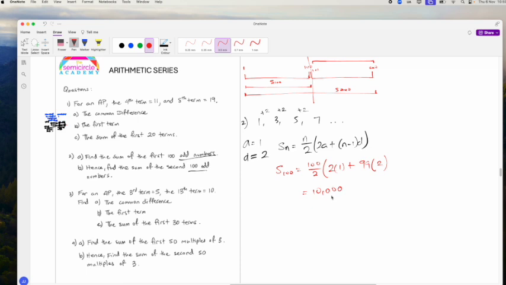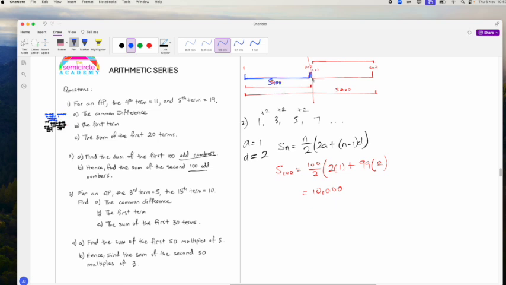So 10,000 is the sum of the first 100 odd numbers.